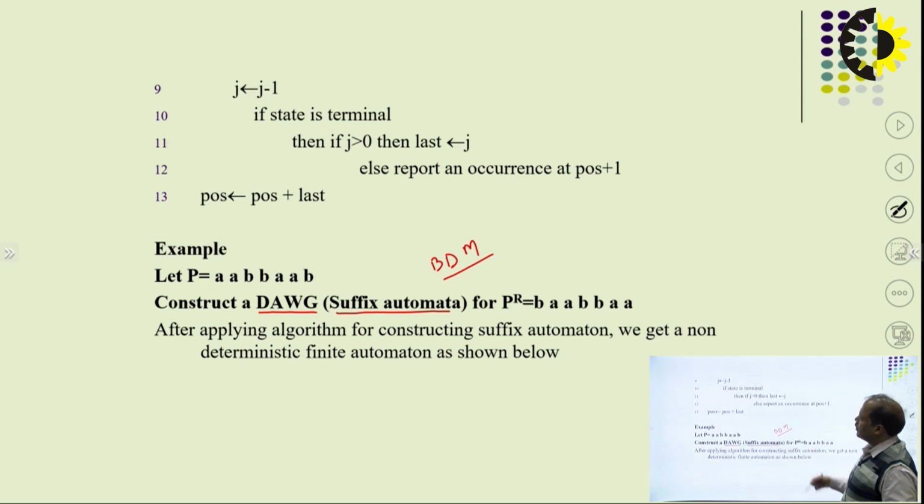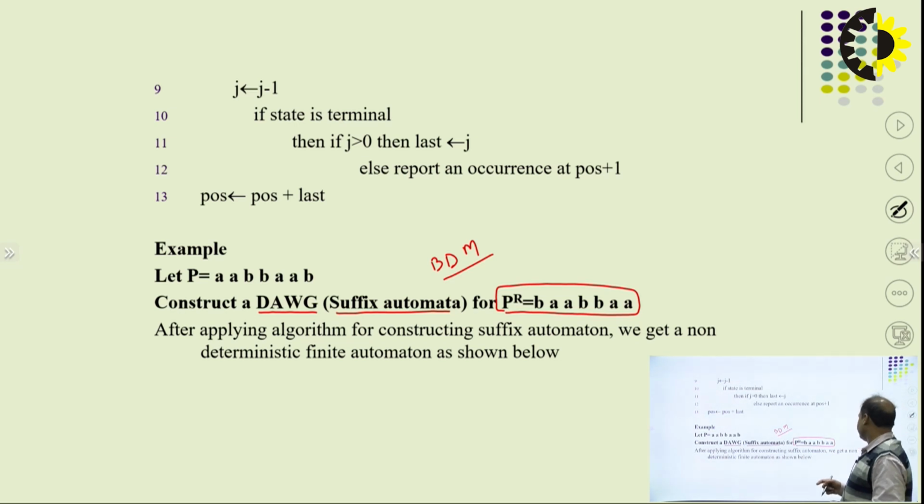So in this suffix automata based BDM approach, we are constructing the suffix automata for the reverse pattern, because we are interested in searching from the right, not from the left. So we have to construct suffix automata for the reverse pattern.